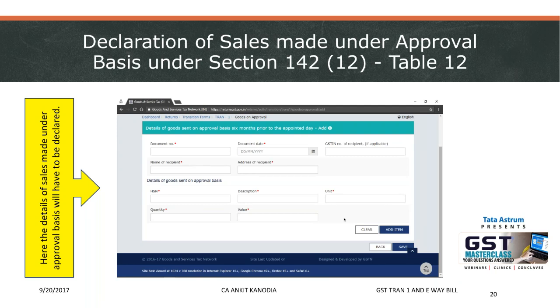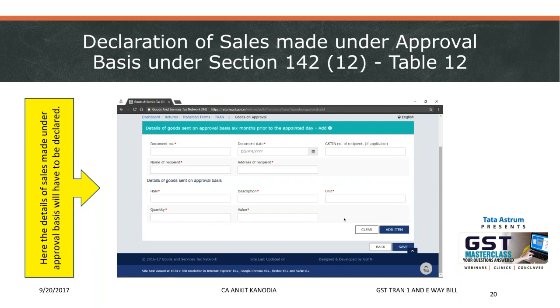Rule 120A was inserted under the CGST rules, and I can read out that particular rule, because there is a lot of confusion going on.